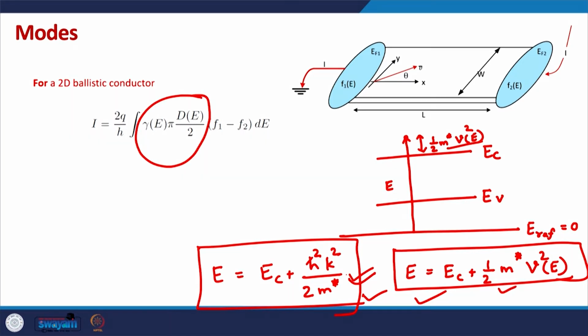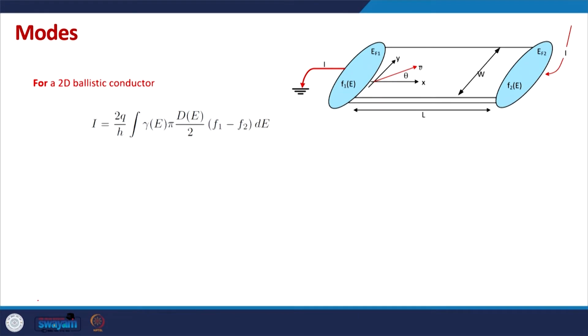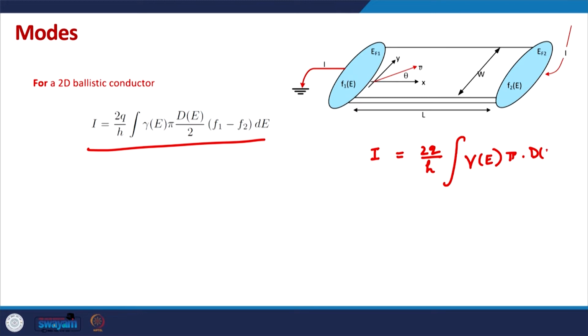Okay. So, now let us come back to the expression for the current, and that is how it looks. The current in any arbitrary device looks like this: the integration of gamma e pi times dE by 2, f1 minus f2, dE.